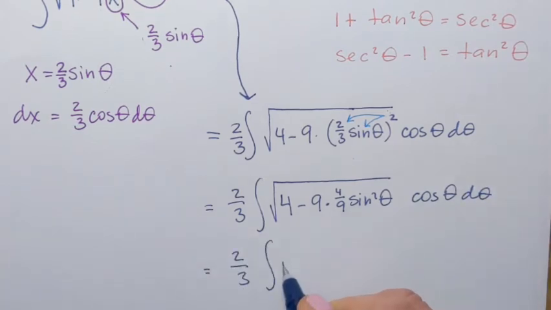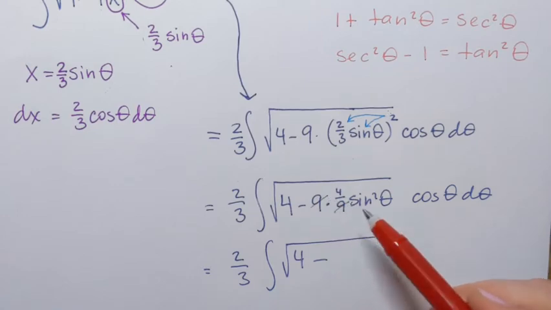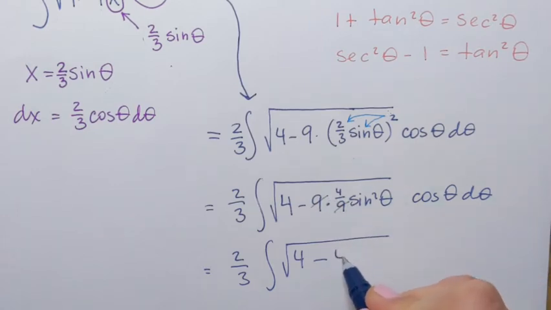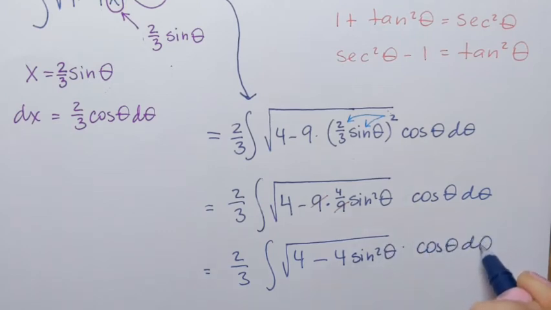Next, that's 4 minus, okay, here it is, the simplification. 9 and 9 will cancel, and I have 4 minus 4 sine squared theta times cosine theta d theta.